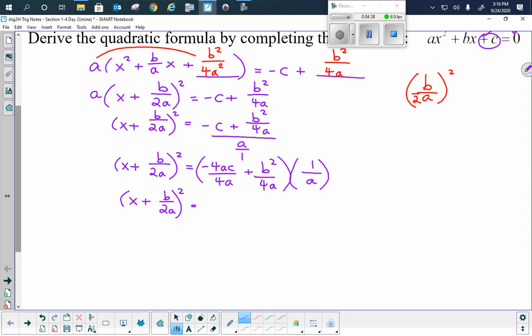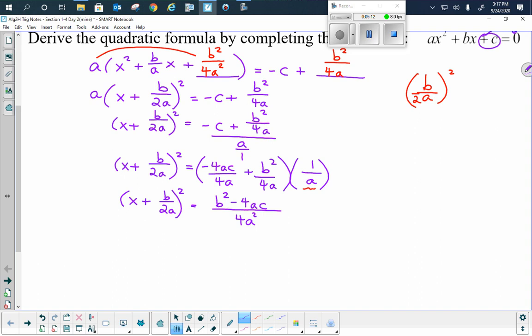I know the denominator here is going to be 4a, but if I multiply it by this a that's sitting right here, I can see that it's going to be 4a squared. And if I combine these terms and put them in a different order, I'm just going to put b squared minus 4ac instead of negative 4ac plus b squared. Times 1 is still going to be that.